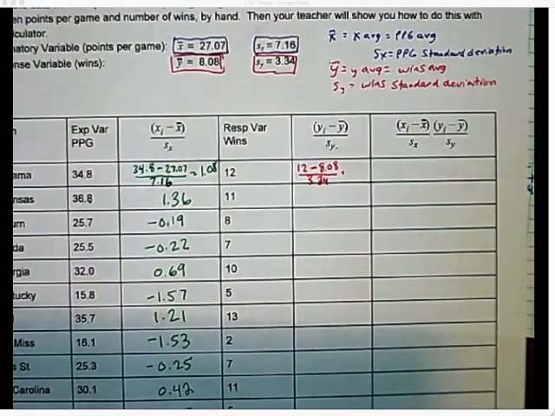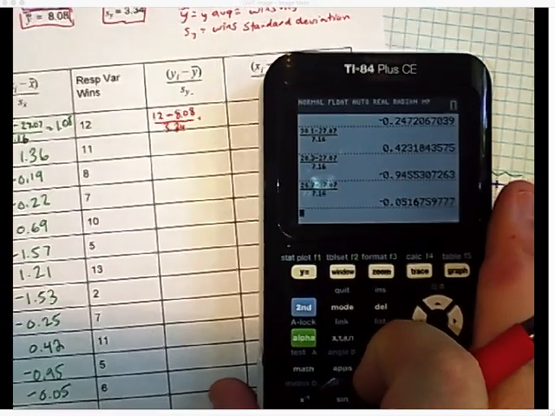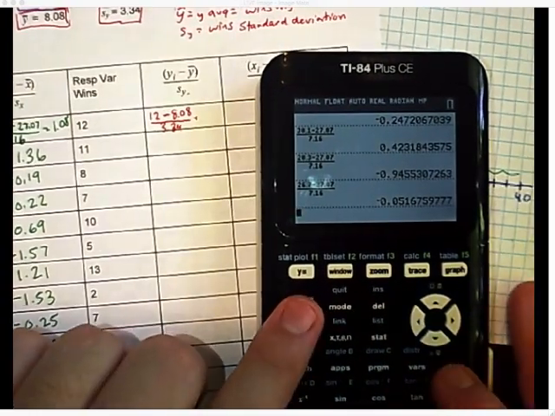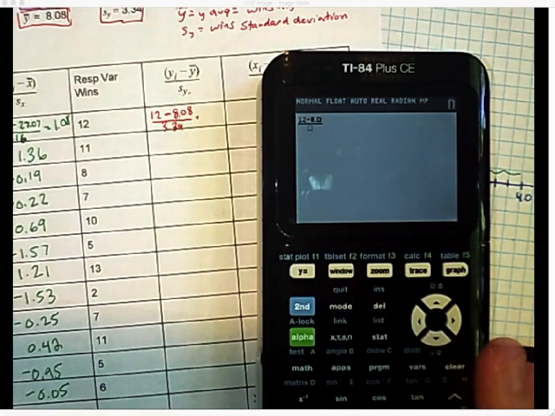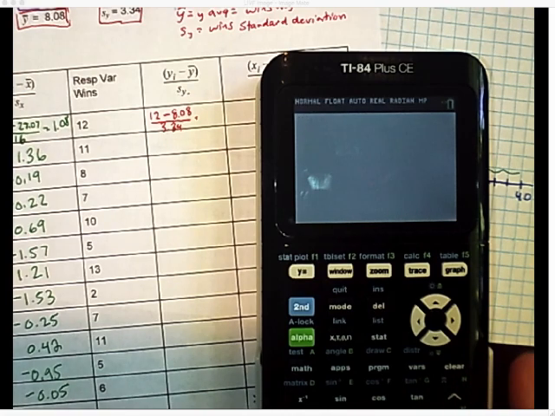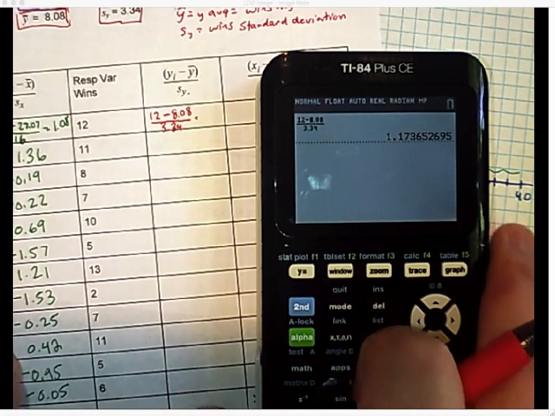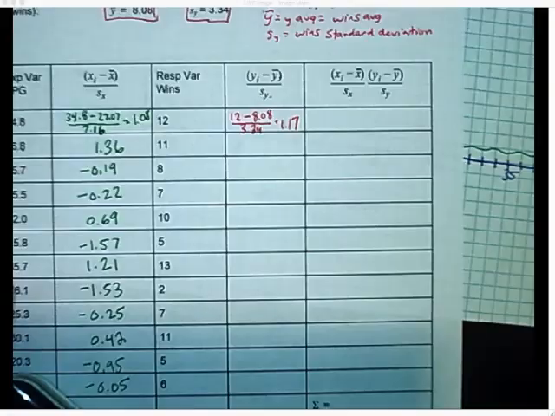So I have to do 12 minus 8.08 all over 3.34. So that's 1.17. Then I have to go through and do it for each team.